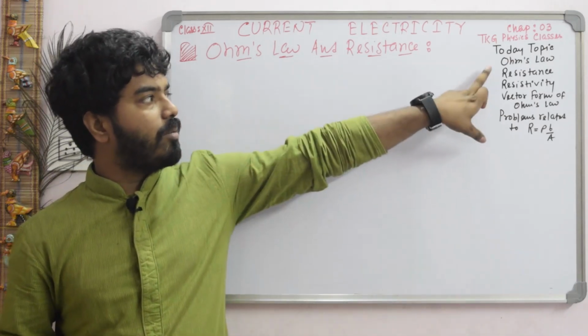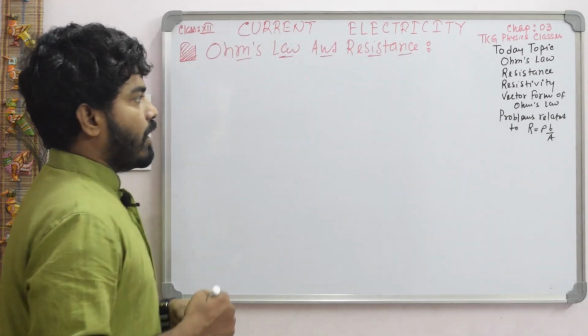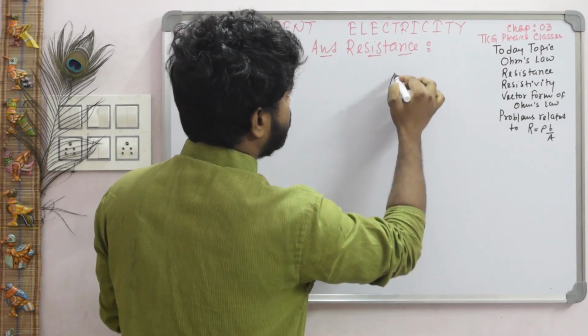First of all we have to know about Ohm's law. All of you know about Ohm's law. In your class 10 there is a current electricity chapter. So what is Ohm's law?